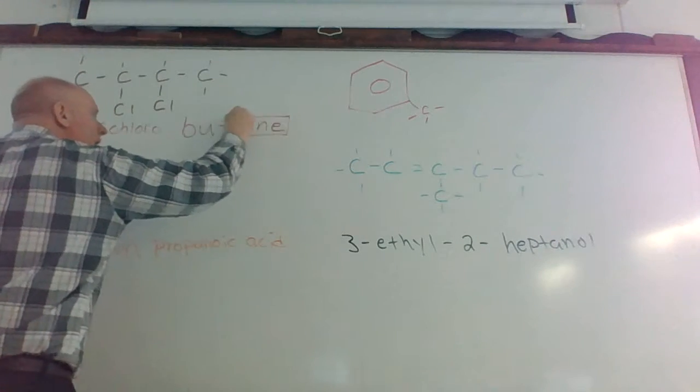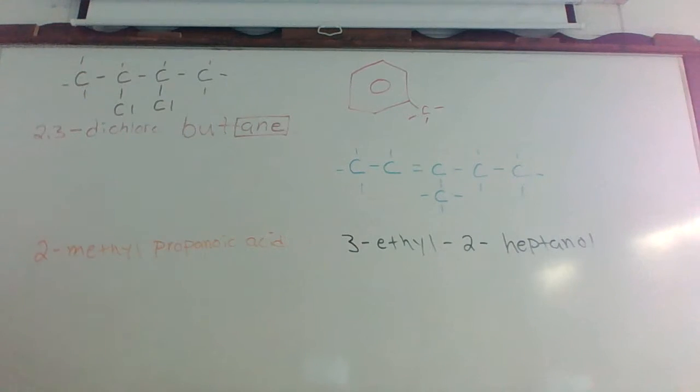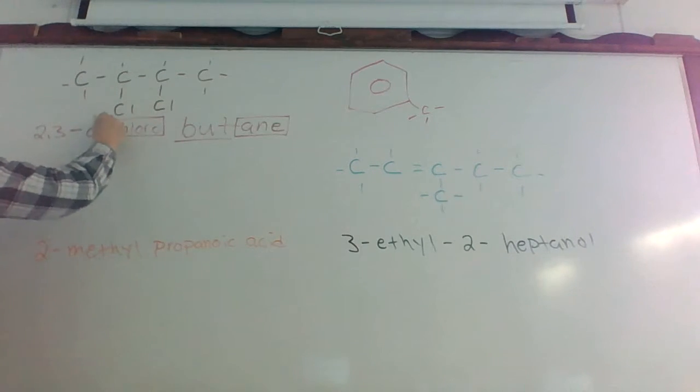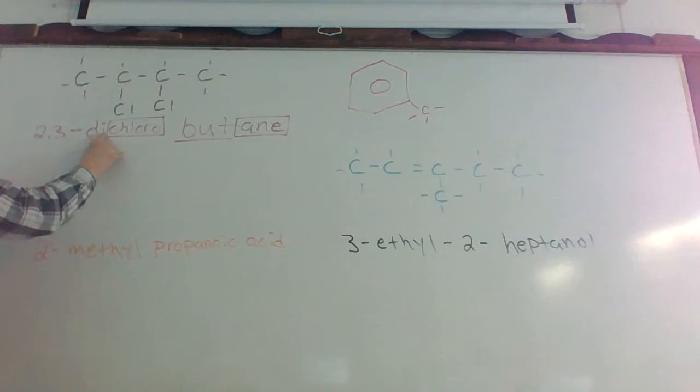It's an alkane family. It's got 4 carbons to it. This says there's chlorine attached to it. This says that there's 2 of them, and this tells you where they're at. So again, when we do this, the idea is to hopefully help you distinguish what these prefixes, suffixes, numbers, and terminology mean.